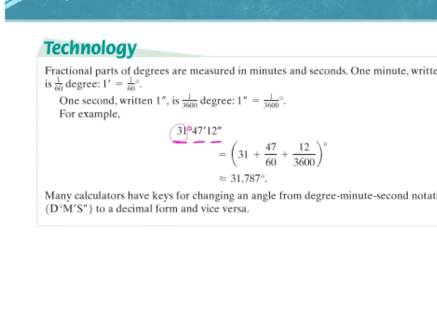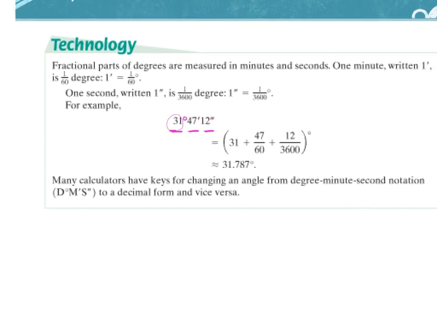Most of the calculators actually have a button that will do this. If they do not, then when you go from, let's say, degree, minute, second notation into decimal degree, you'll take your 31 degrees, that would be your whole number.